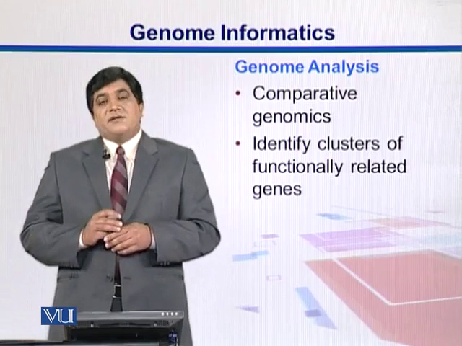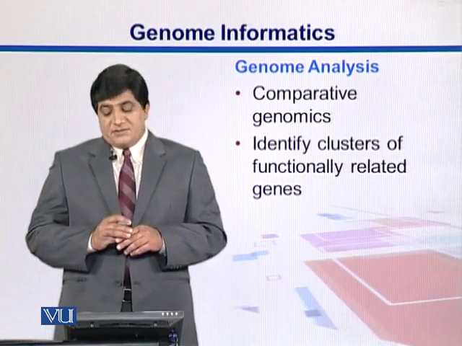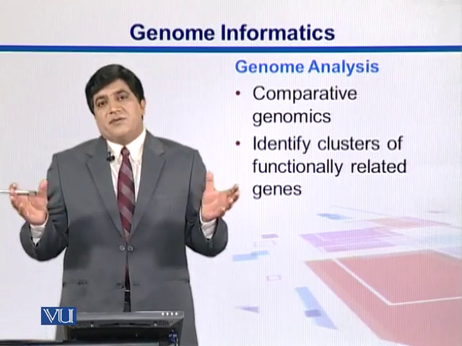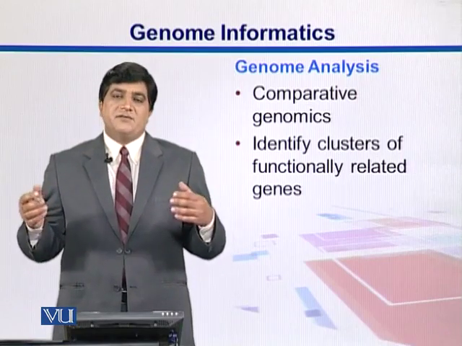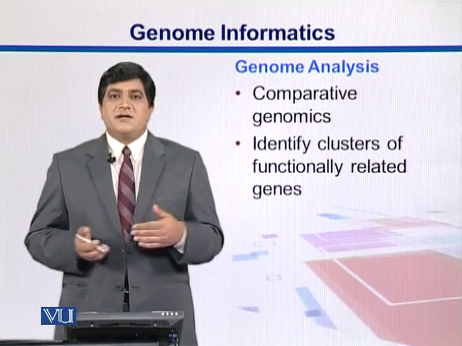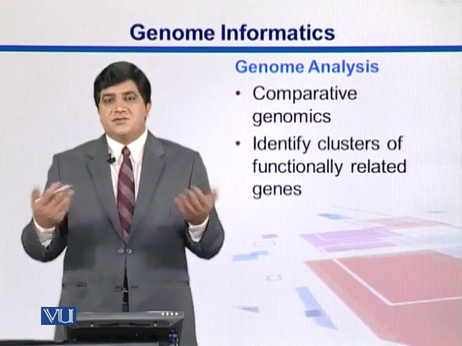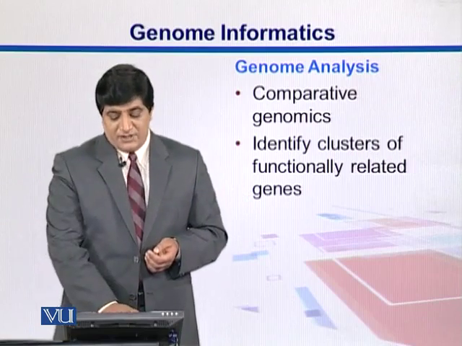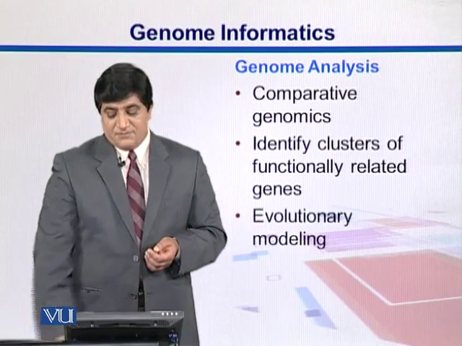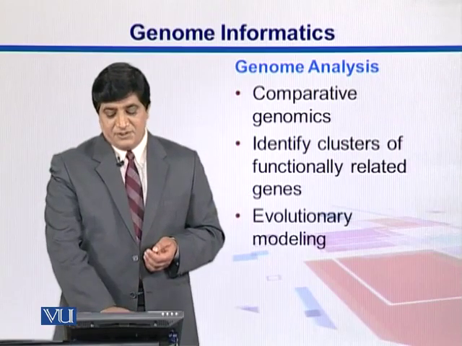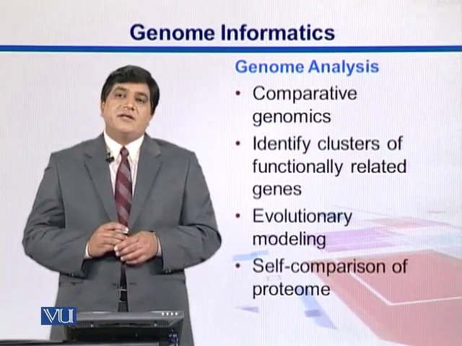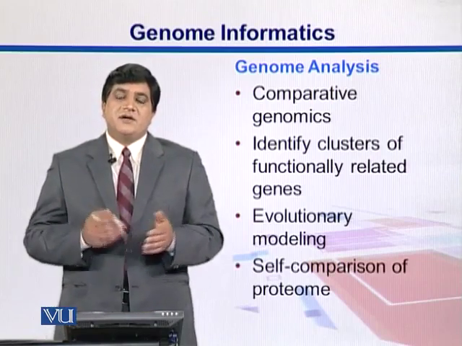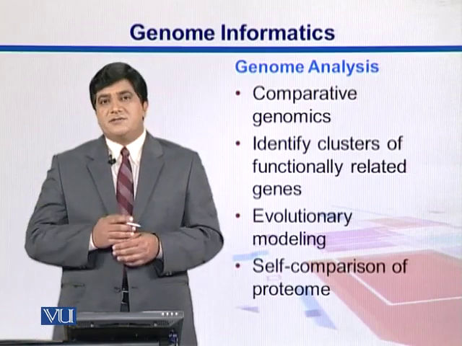We can identify the clusters of functionally related genes, those genes which might have similar structures, similar sequences, and perform similar functions. What those genes are can give us the idea about evolution. So obviously we can do evolutionary modeling. Sometimes we are interested in finding the genes which are duplicated within the same organism.